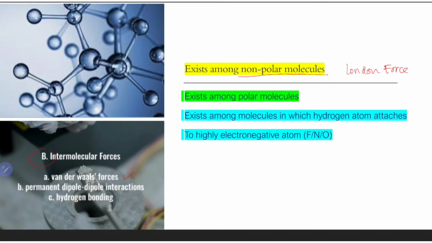Among polar molecules, there is permanent dipole-dipole interaction. And the last is among molecules in which a hydrogen atom is attached to highly electronegative atoms such as fluorine, nitrogen, and oxygen. That's hydrogen bonding.